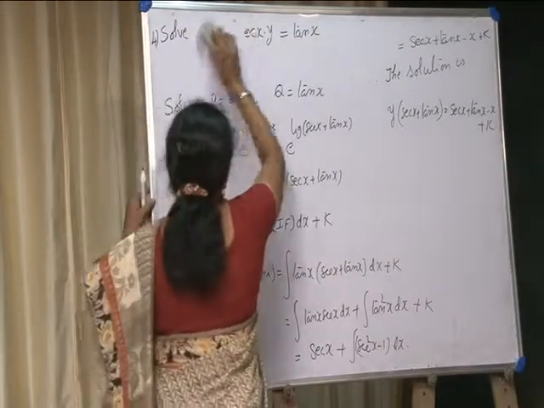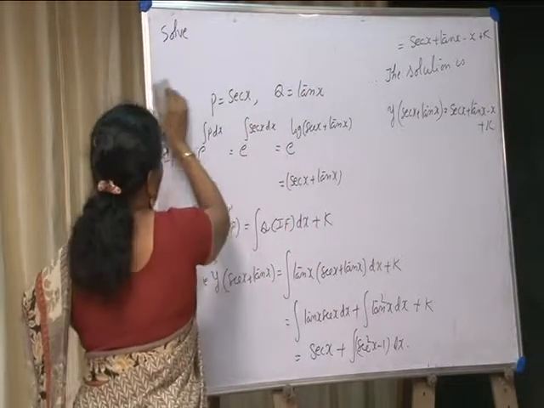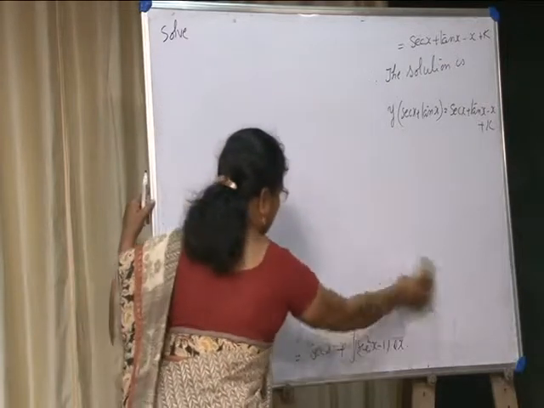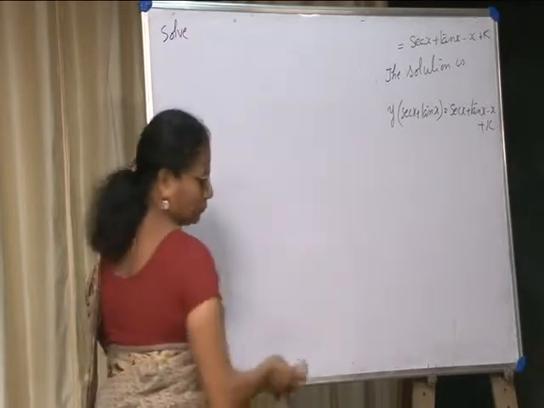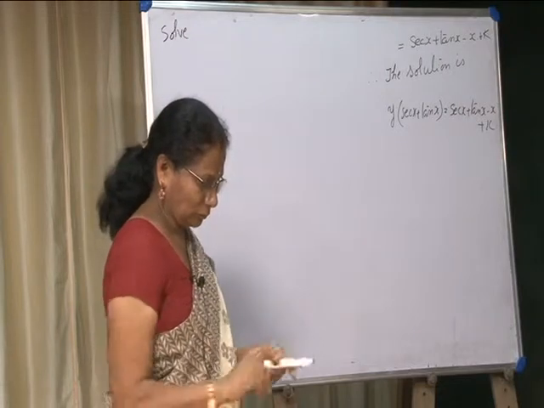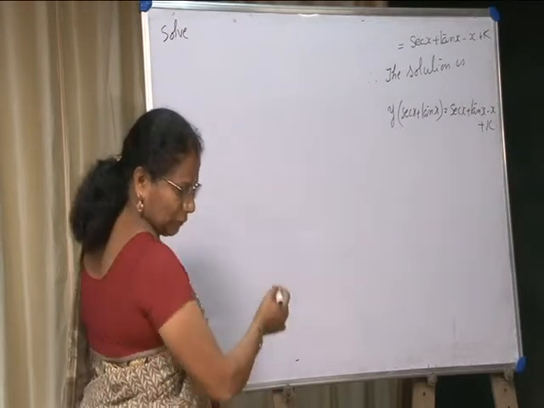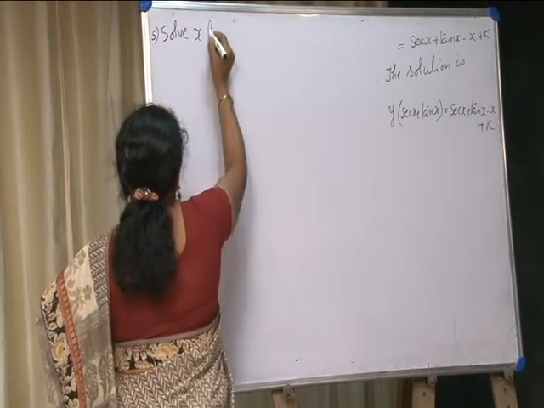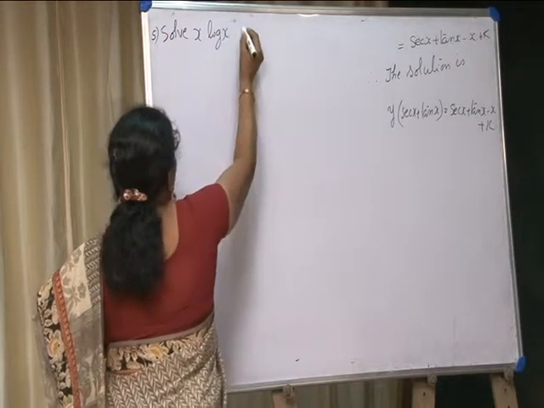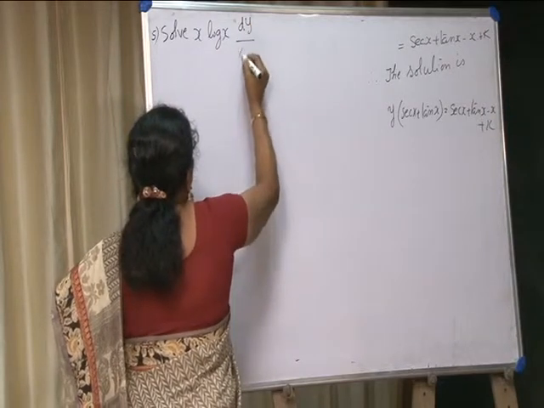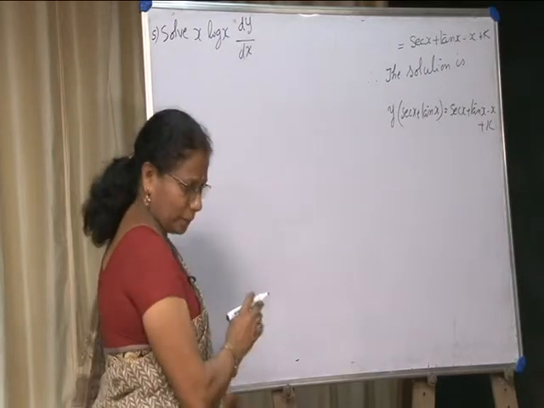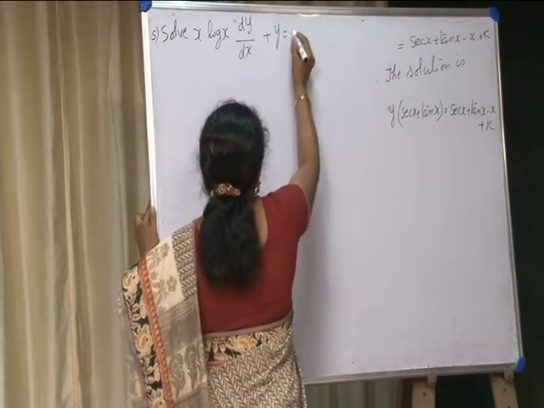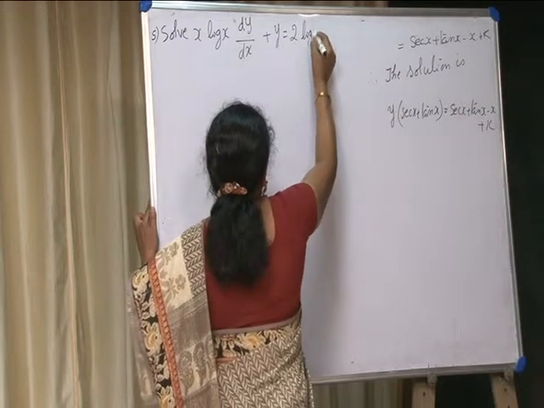Let us see now. Solve x log x dy by dx plus y is equal to 2 log x.